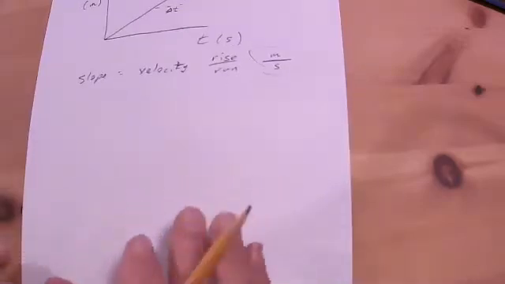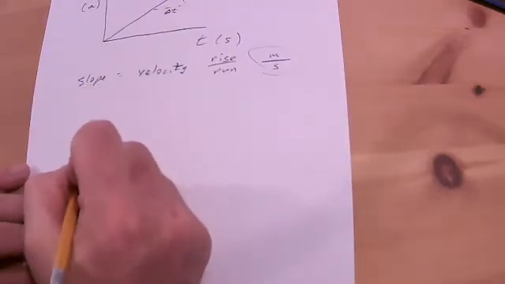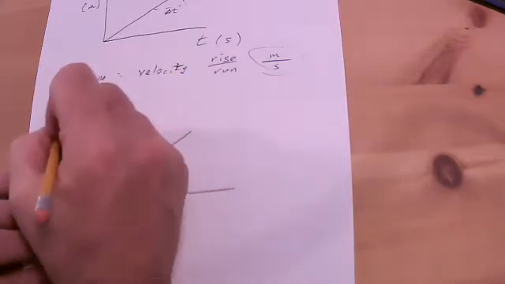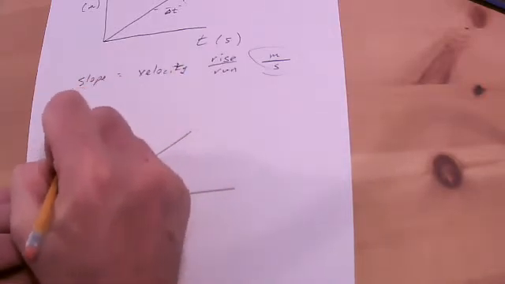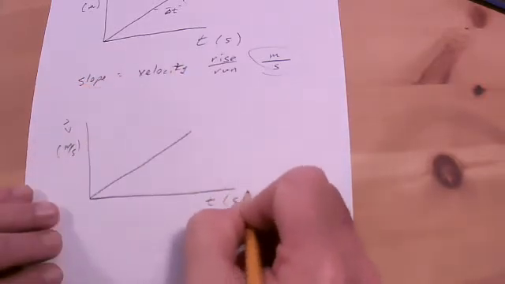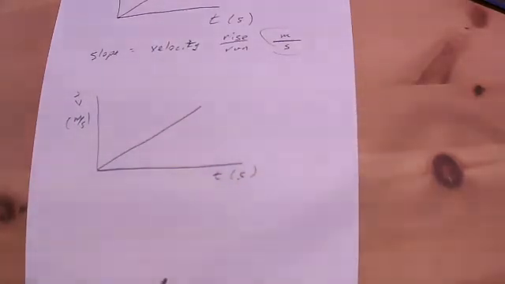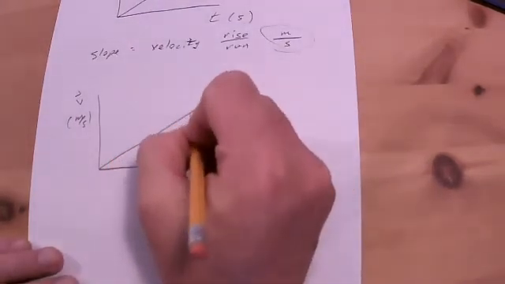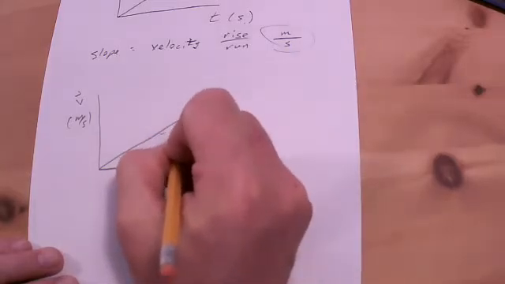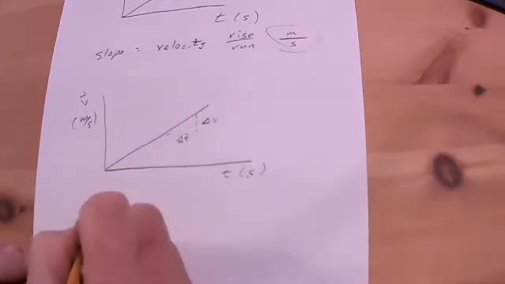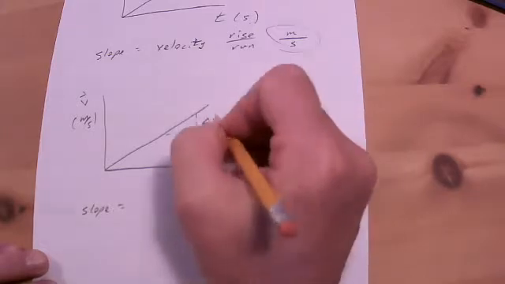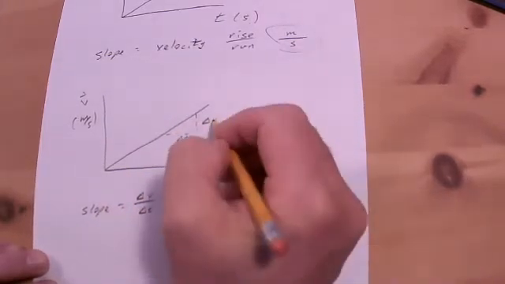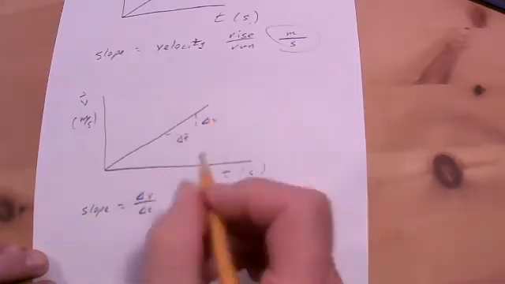Number 9 talks about a velocity time graph. So let's do the same kind of thing with velocity. Now, velocity is measured in meters per second, and time is measured in seconds. So we can talk about slope again. And the slope is delta V over delta T, a change in the velocity over a change in time.